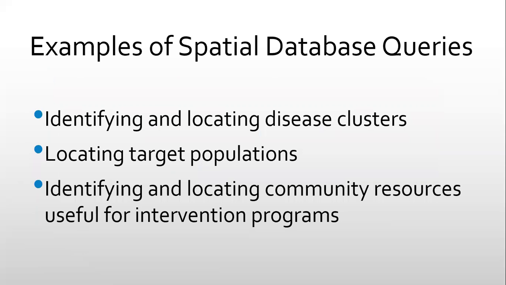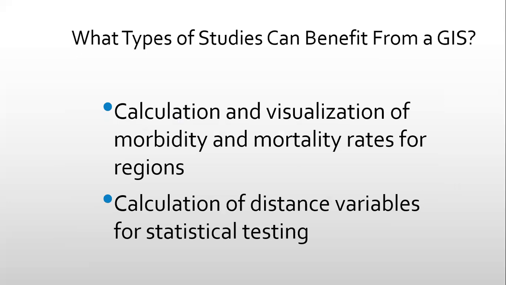Point, polyline, polygon features. Examples of spatial database queries: identifying and locating disease clusters. What do you mean by cluster? That is the location of certain diseases. Cluster here means locating the target population, identifying and locating community resources useful for intervention programs. What type of studies can benefit from GIS?